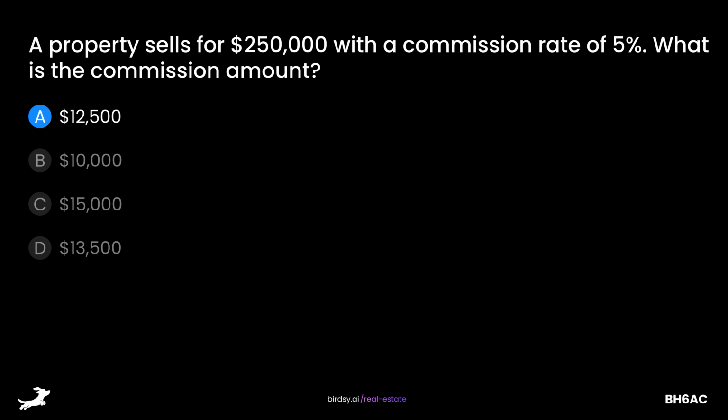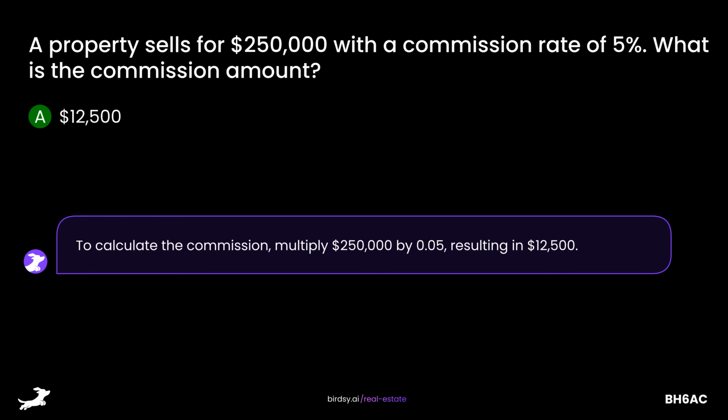Is it A, $12,500, B, $10,000, C, $15,000, or D, $13,500? The answer is A, $12,500. To calculate the commission, multiply $250,000 by 0.05, which equals $12,500.